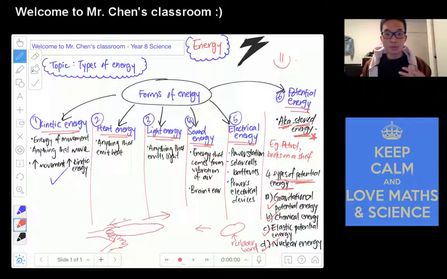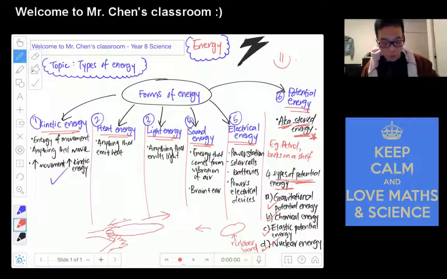But the potential consequences are so big, like what happened in Japan when the tsunami and earthquake hit the nuclear power plant, it has a lot of negative effects on the environment. However, you cannot deny that nuclear potential energy is a form of potential energy that can be converted into multiple different ones.